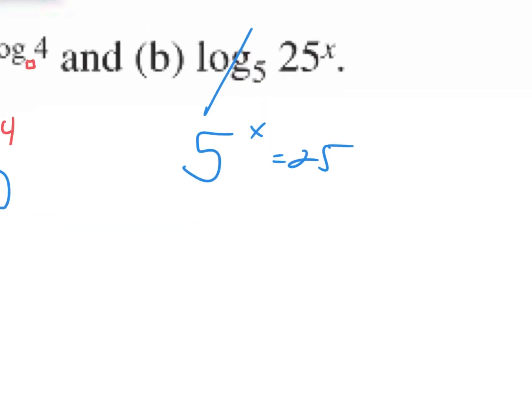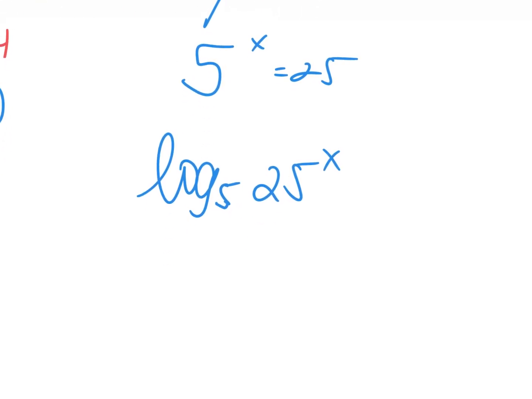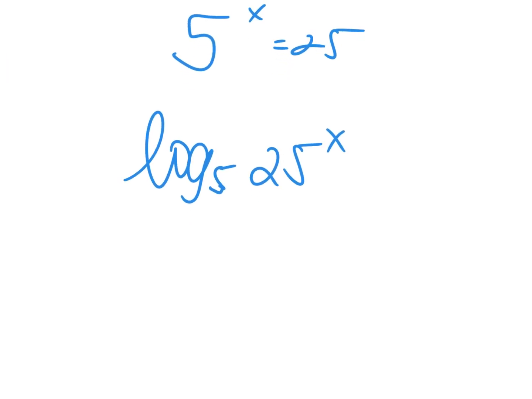Another thing we can do is say, I have log base 5 of 25 to the x power. If you want to use properties of logs, is there a way I can cancel these out? How can I rewrite this so they have the same little base and the same big base? Can I rewrite 25 with a base of 5? What would I write it as? 5 squared. Do you agree?